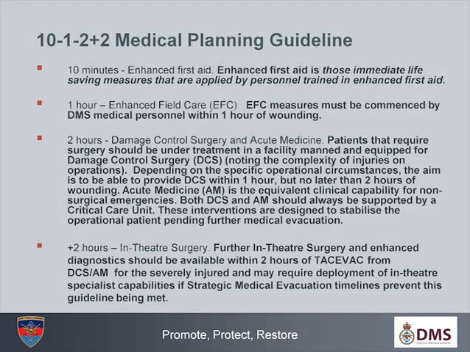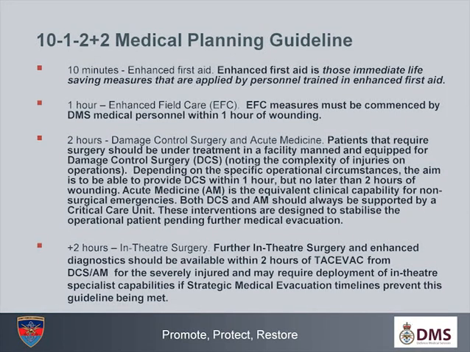The benchmark in civilian practice is rapid access within 8 minutes and hospital-based surgery within 1 hour of injury. Where the civilian standard cannot be met, evidence from accumulated experience in Iraq, Afghanistan, and earlier campaigns shows that there are 3 key timelines from point of injury to first surgical intervention and a 4th for in-theatre specialist clinical care.